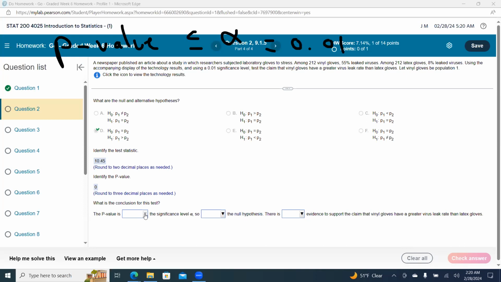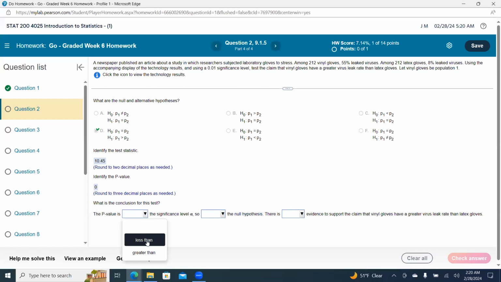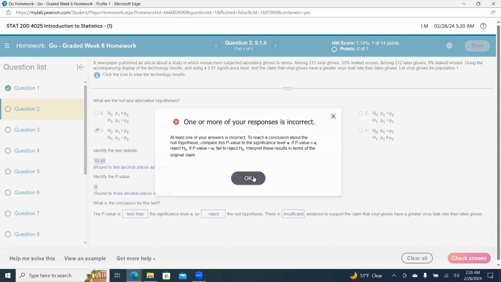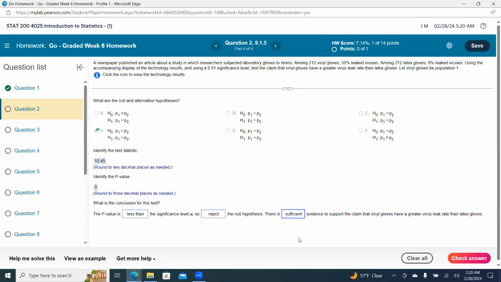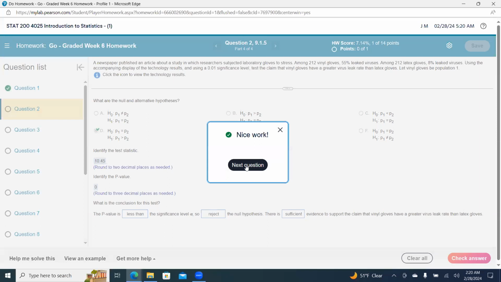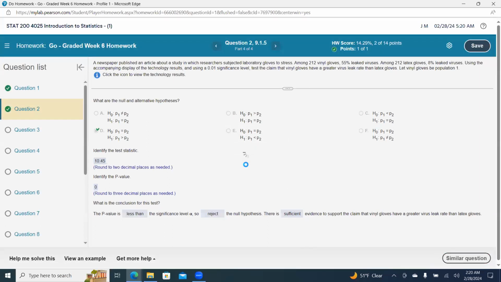The p-value is 0, so it is less than or equal to alpha. That's what we want. So the p-value is less than the significance level, so reject the null. There's sufficient evidence, if we read that, which is what they're going for on that one.